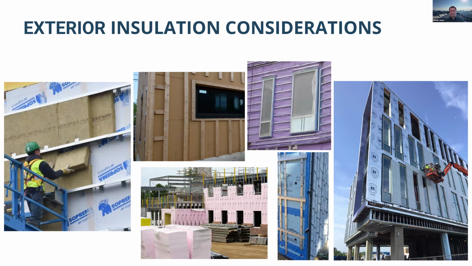I'm showing here some polyiso, some spray foam, some XPS, mineral fiber, all sorts of different products. They all have different benefits and limitations. They can also affect the overall vapor permeability of your wall assembly. So if you're not careful, you can actually limit drying to the exterior here when you might need drying to the exterior.